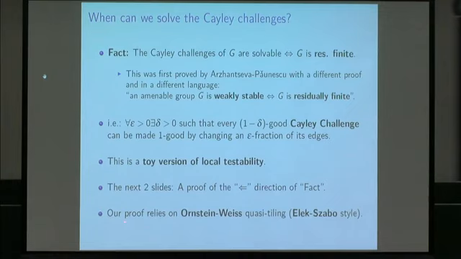And the tool that I'm going to use is Ornstein-Weiss quasi-tiling. I'm going to explain what it is. And the way that I'm going to use it is in the style of the way Elek and Szabó use it in proving a theorem characterizing amenable groups using homomorphisms in the universal sofic group. But I'm going to keep it entirely combinatorial.